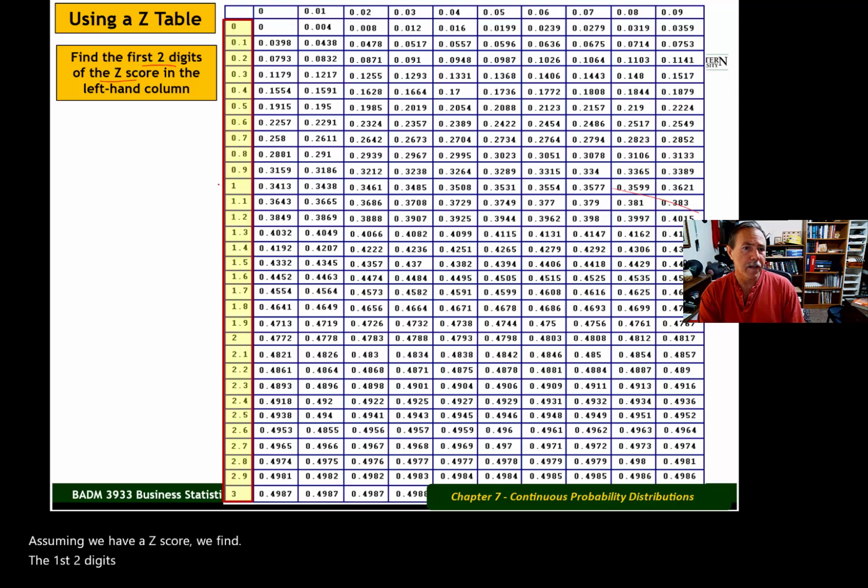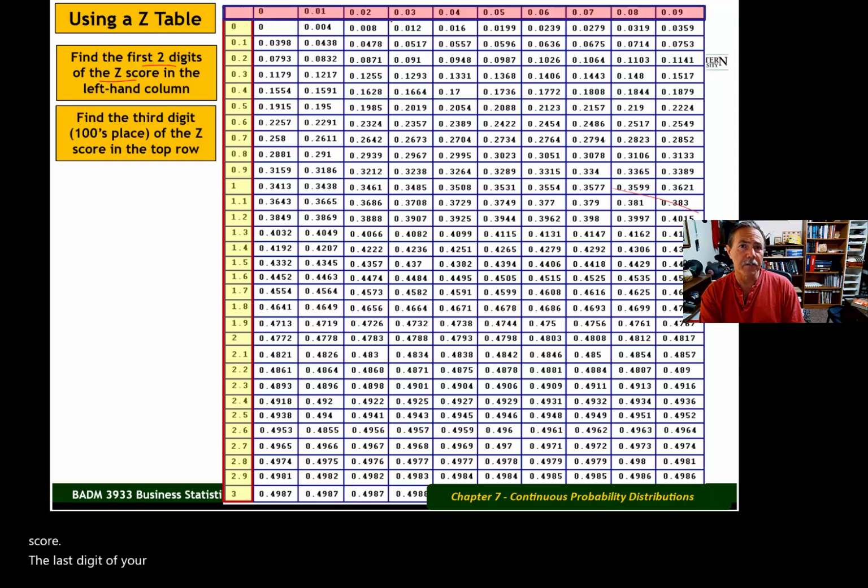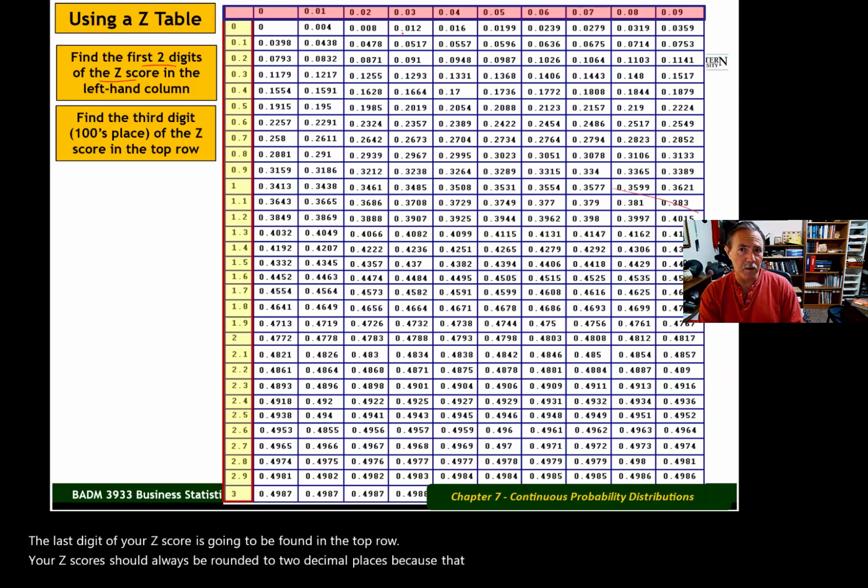the z-score in this left-hand column. This left-hand column is going to be the first two digits of your z-score. The last digit of your z-score is going to be found in the top row. Your z-score should always be rounded to 2 decimal places because that is the way the z-table is formatted.